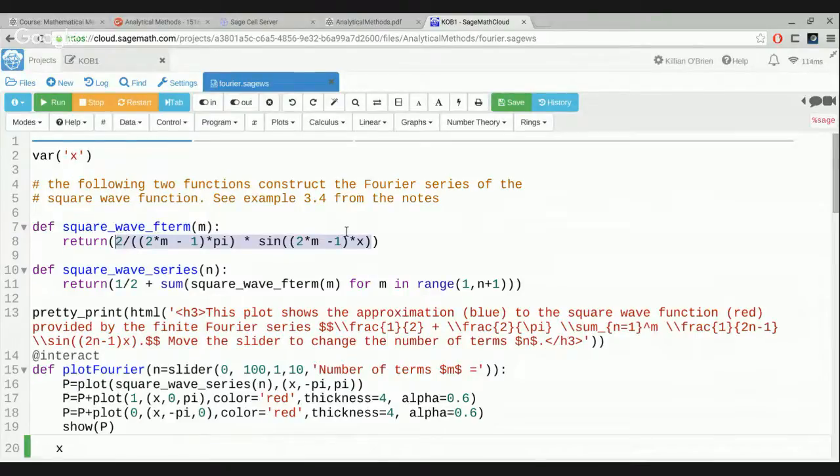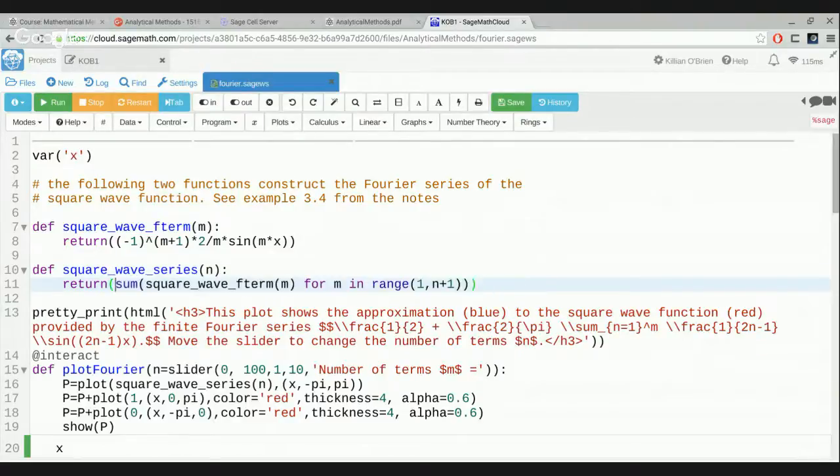This little function here returns the coefficient, which is minus 1 to the power m plus 1 times 2 over m times sine of m times x.